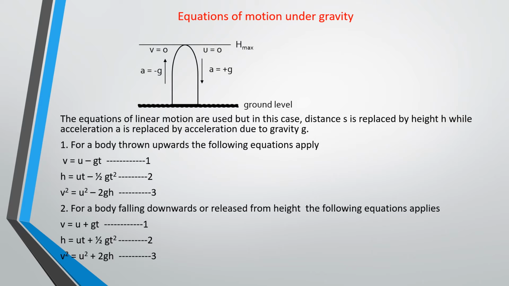Okay, when a body is undergoing gravitational motion, the time of flight and the maximum height attained. There are equations that from these equations of motion we can derive for time of flight, total time of flight, time to attain maximum height, as the case may be, right?